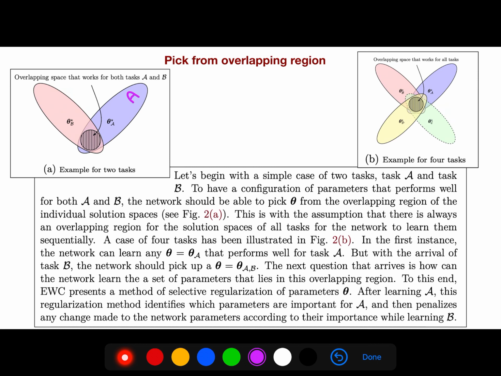This is for task A and this is for task B. So if you want to design it, you will focus on this region. This region is at the intersection of them. Or even if you have more than 2 tasks, just 4 tasks, for example, then this region is a good region because it is consistent with the fact that our loss should be less than a threshold that is acceptable.